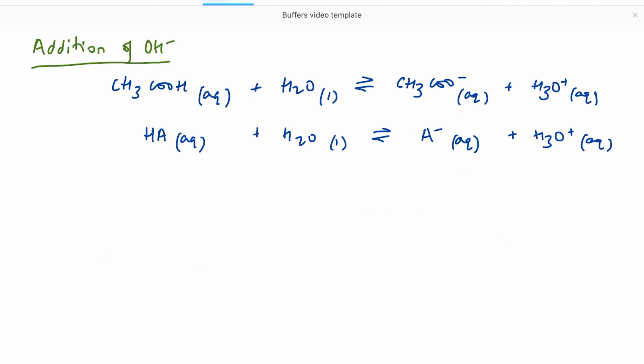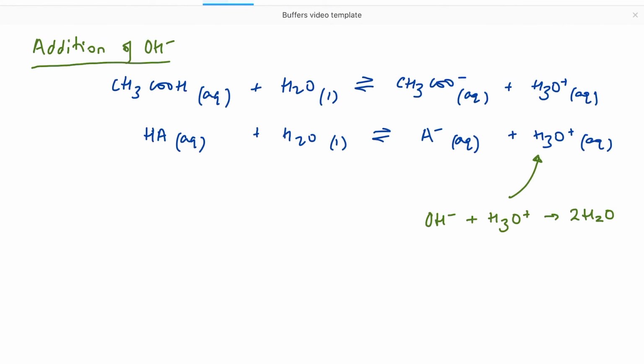When we add alkali to our buffer solution, we're essentially adding hydroxide ions. The hydroxide ions react with the H3O+, or the H+ if we're writing the shorthand version of this equation, to form water. So OH- plus H3O+ is going to form 2 water molecules.